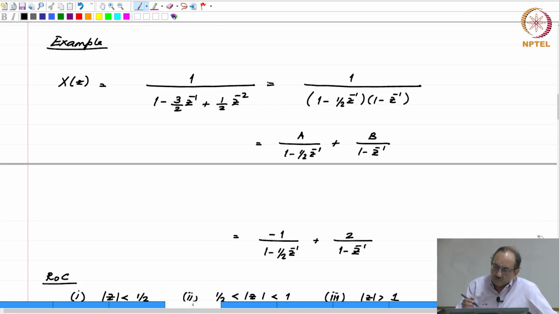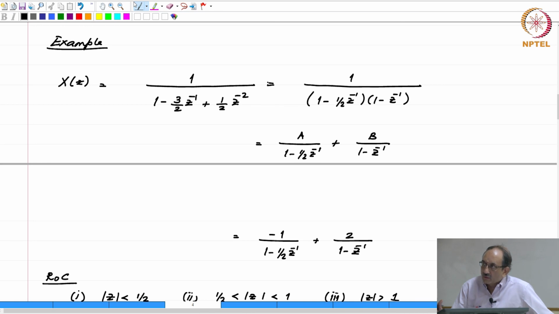For example, if you look at this particular example, does that trigger one difference in the way we have been using partial fraction here versus what you have been used to doing in the Laplace case? Yes, that is a good point.